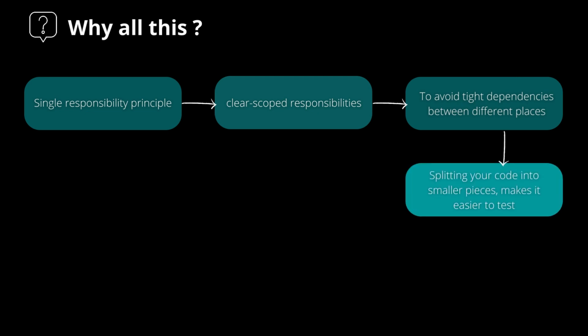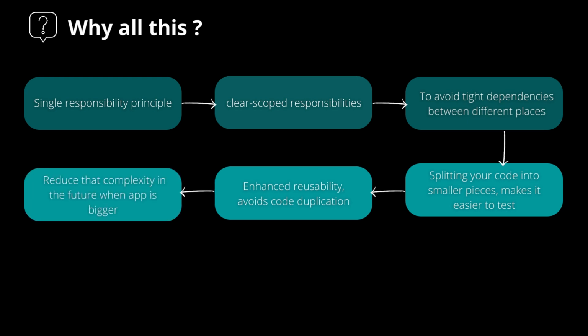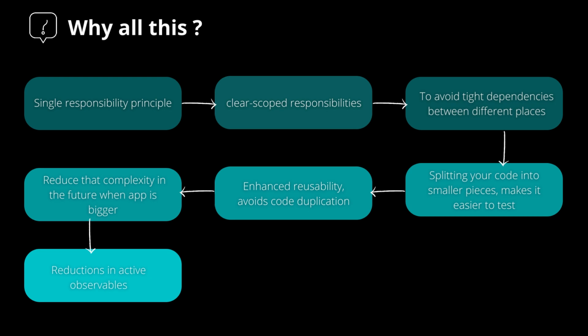It's easy to test small pieces with one responsibility, and this enhances reusability and avoids code duplication. All this will reduce complexity and unnecessary code as the app grows, which also reduces active observables as only smart components subscribe to them, and presentation components only need to get updated when their input data changes.